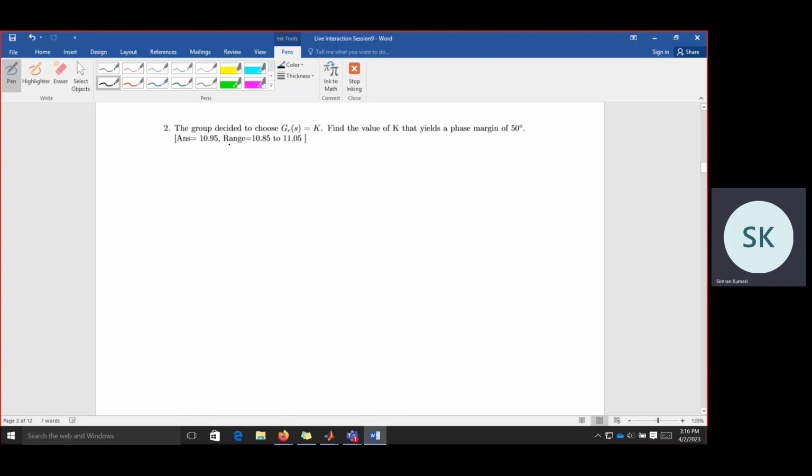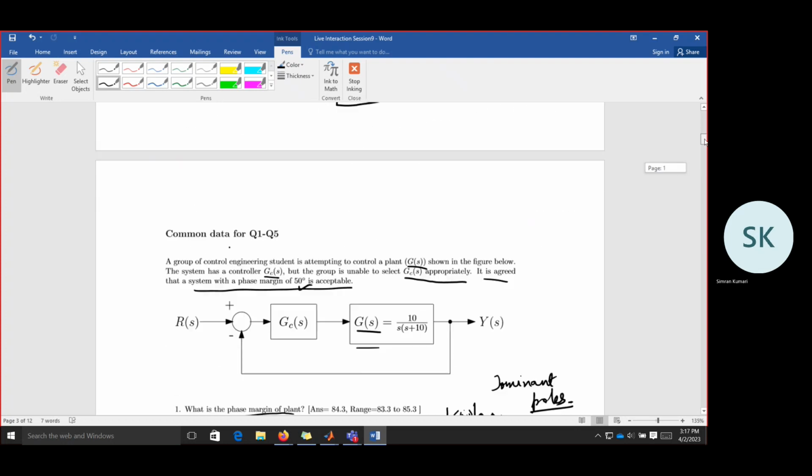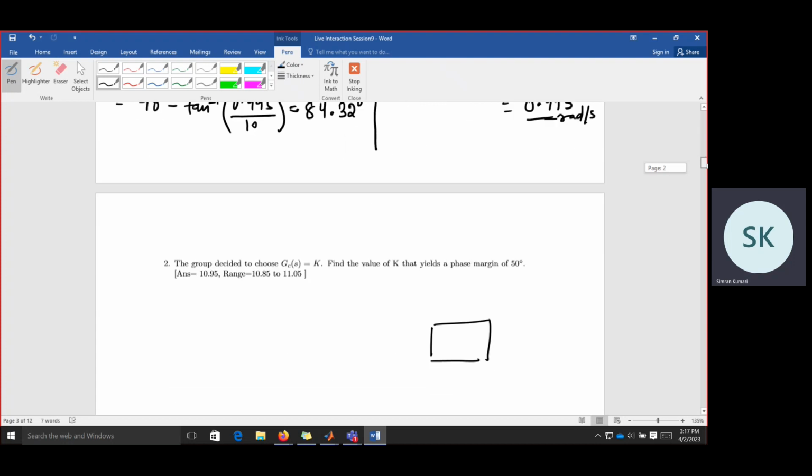The group decides to choose GC equal to K. So now there is this gain K, and we need to find the value of K that yields a phase margin of 50 degree. We had this G, which was 10 by S into S plus 10, with this gain K and unity feedback.